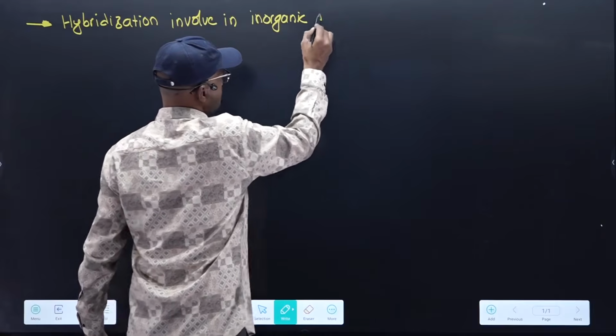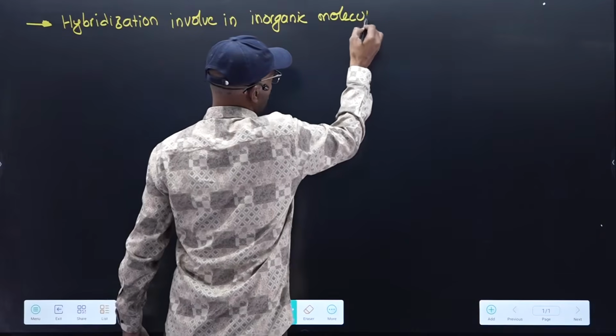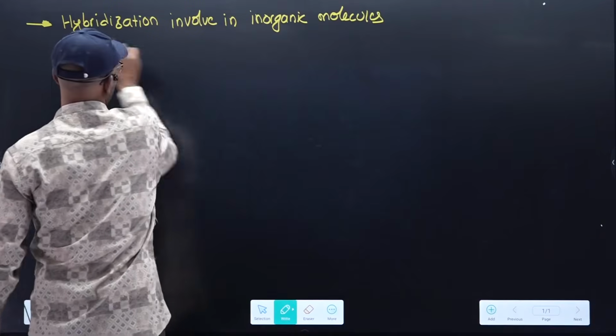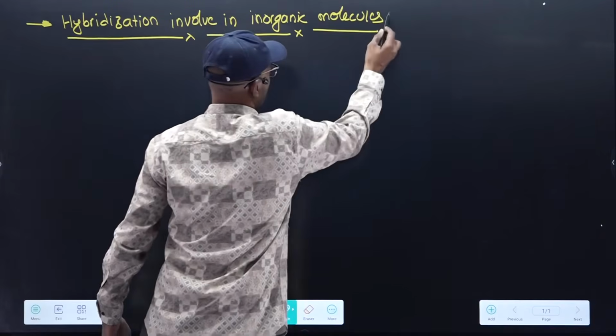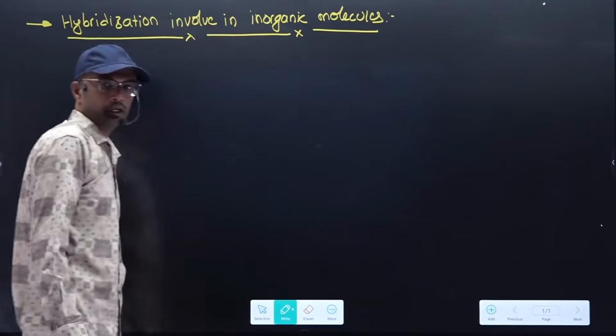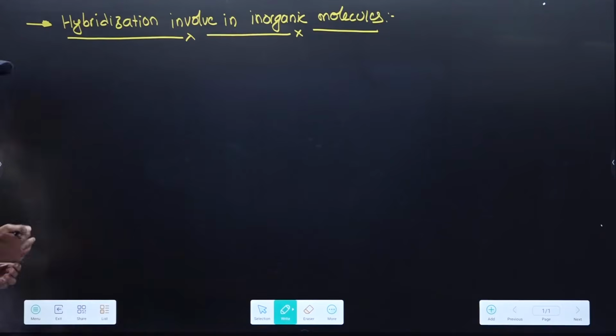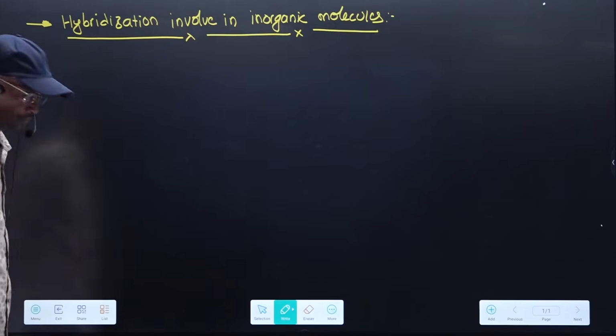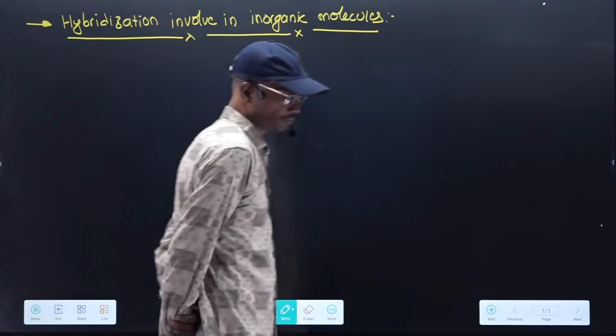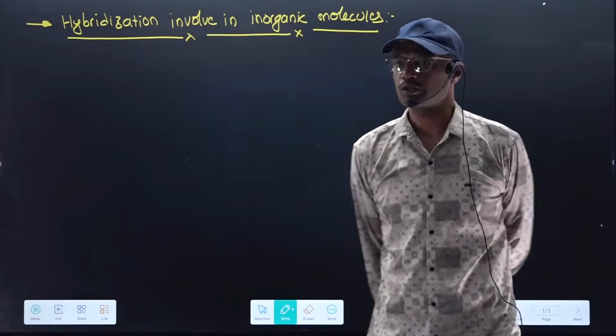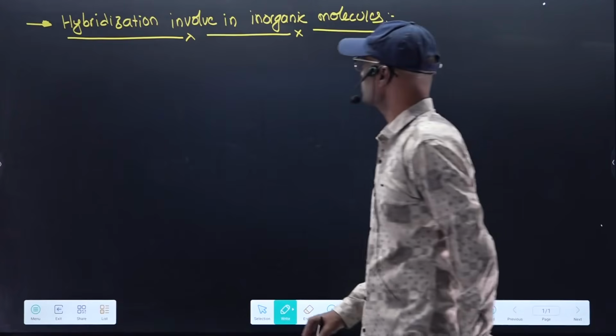How to calculate hybridizations in inorganic molecules?